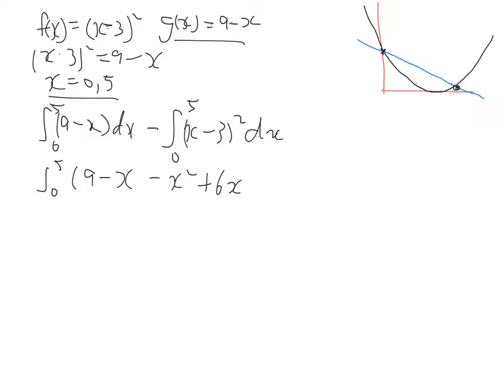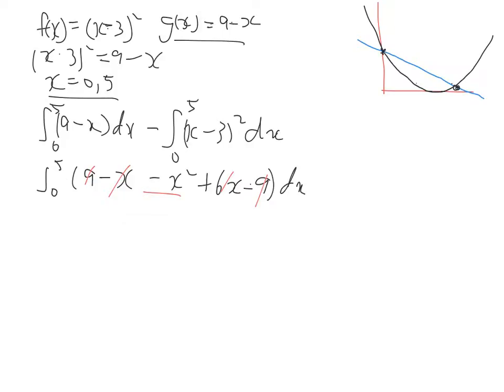Oh, sorry, minus 9 there at the end. We can cancel some stuff out here. Our 9 and our 9 will cancel. Our x will cancel with one of these 6x's, so we're left with 5x. And we've got a negative x squared there.